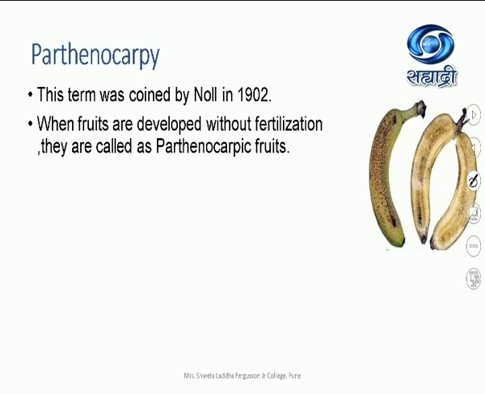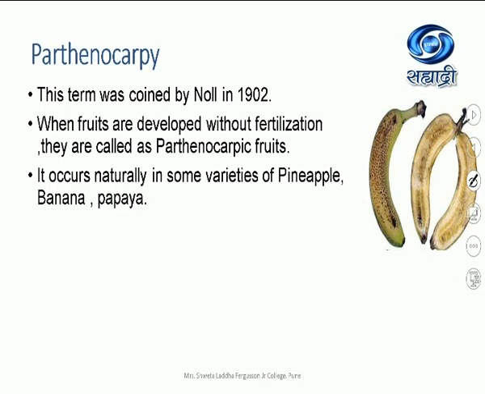Pseudocarp, how to remember? Pseudo means false, carp is fruit. False fruit. We are not eating the fruit actually. We are eating some other part which has become fleshy, thalamus in case of apple, pear, strawberry. Now parthenocarpy, we are eating the fruit. The fruits are formed, but they are formed without fertilization. Such fruits are called parthenocarpic fruits.